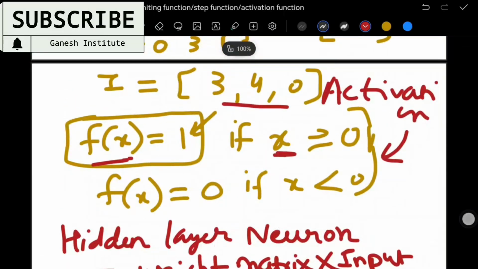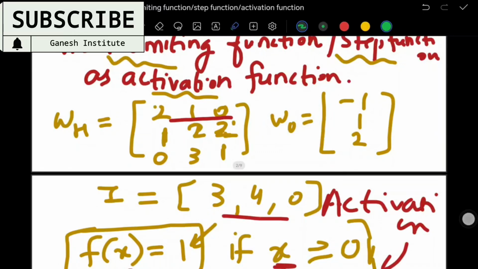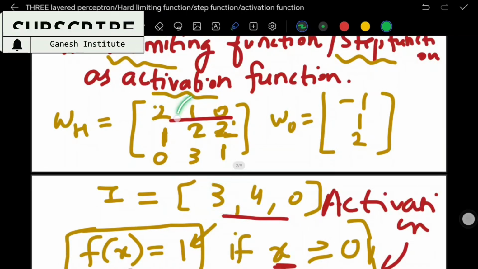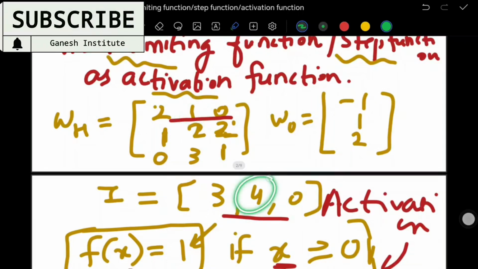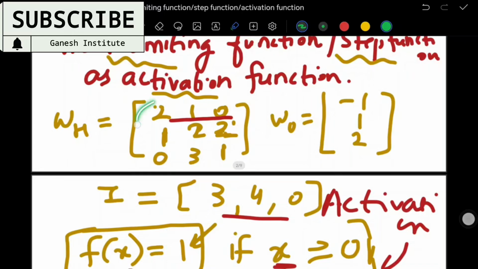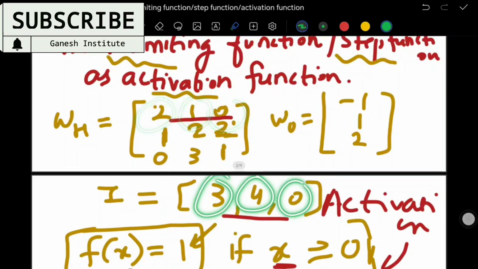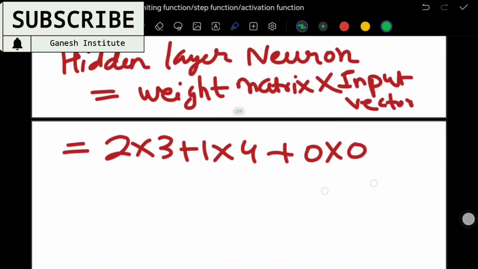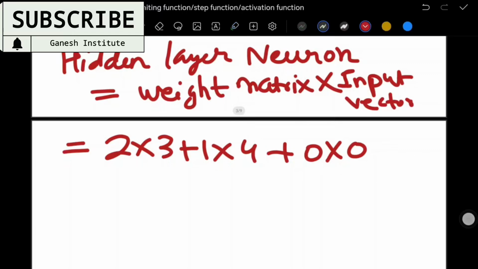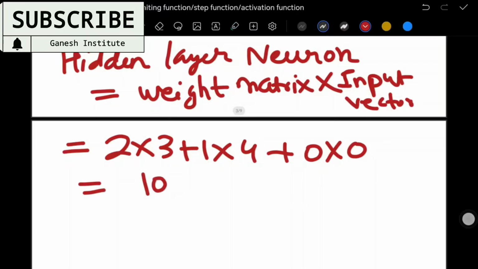So we are considering the first row of the hidden weight matrix, multiplying element by element: 2 threes are 6, 1 four is 4, and 0 zeros are 0. You simply multiply the weight matrix with the input. It gives us 6 plus 4, which is 10.